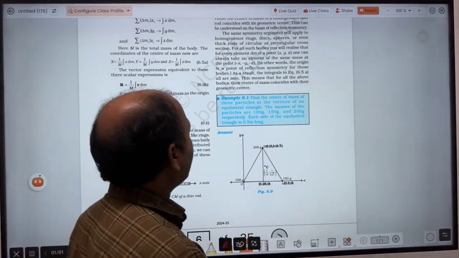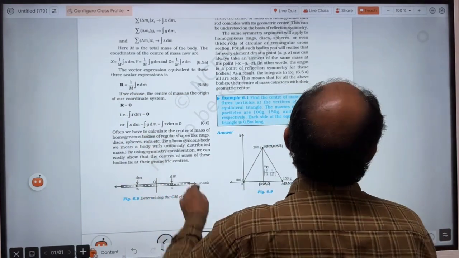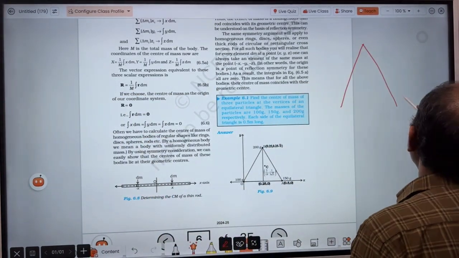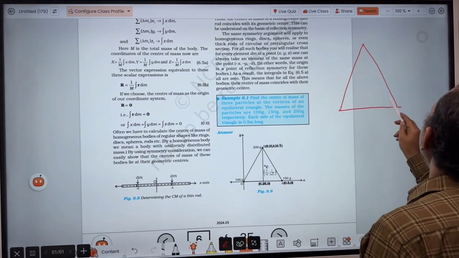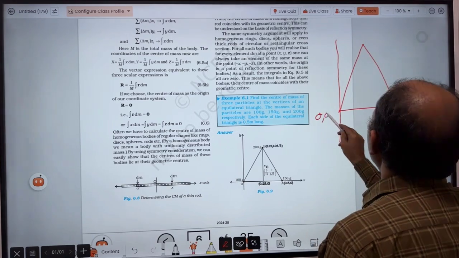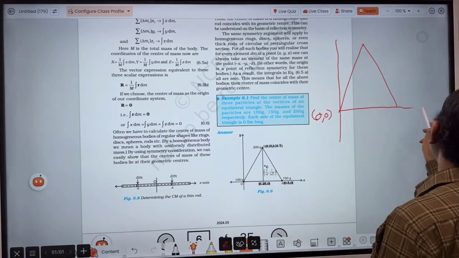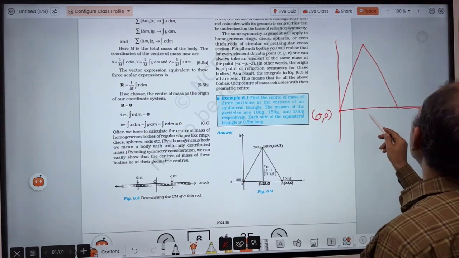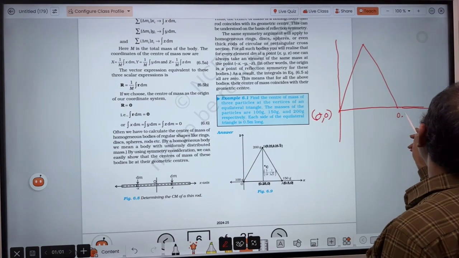So for that, let's analyze the situation. Let's draw the triangle here. This is an equilateral triangle and we take this as 0, 0. And this is the x-axis. Side of the triangle is given as 0.5 meter. So up to here this will be 0.5.